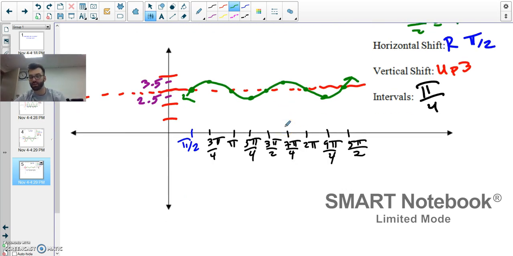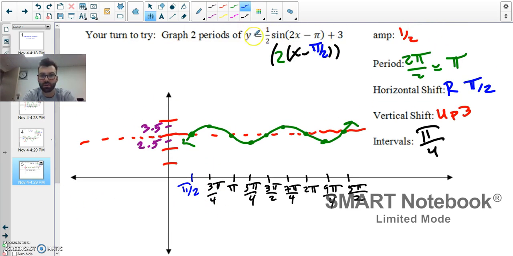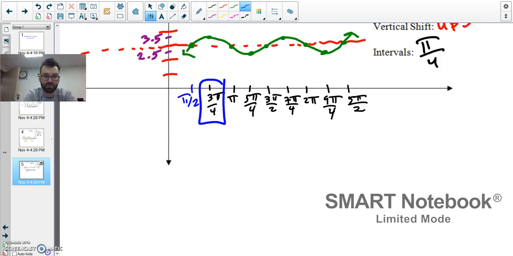Let's not forget what we're actually doing when we are plotting these points. Think about this function here. Remember, x down here. Let's say we pick 3 pi over 4. I'm going to input 3 pi over 4 for x into my function.